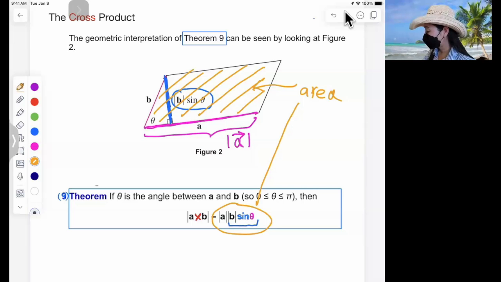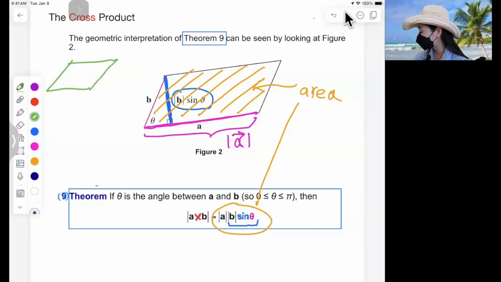Okay, go back to geometry. If you have a parallelogram like this, say this is A and this is B, the area is not A times B. What do you do over here? You can cut this part and put it over here, then you get a rectangle.